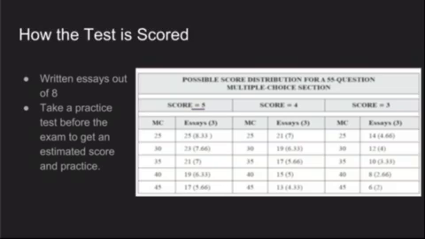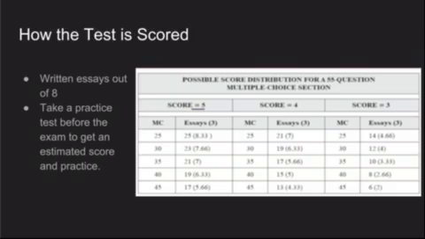So the test is scored, and you can see here you have the multiple choice. As we look at the 25 multiple choice in the first column, to get a score of 5, you would have to get an 8.3 on the essays. Now I would like to draw your attention to the fact that if you are getting a 25 on the multiple choice, it is unlikely that you're getting a low score on the essays.